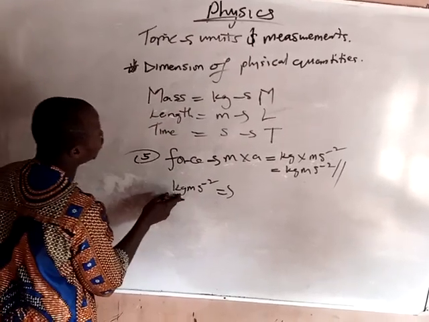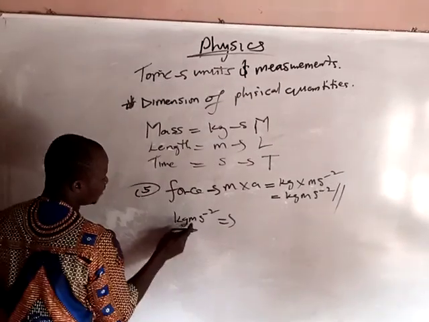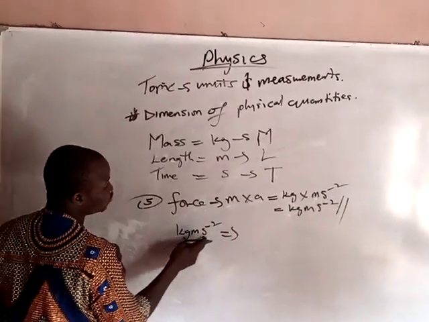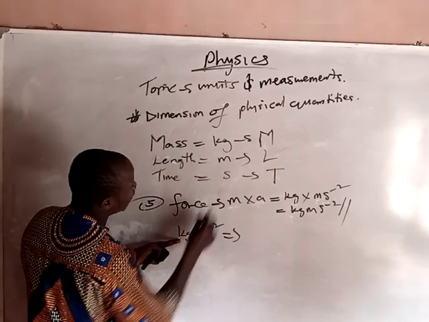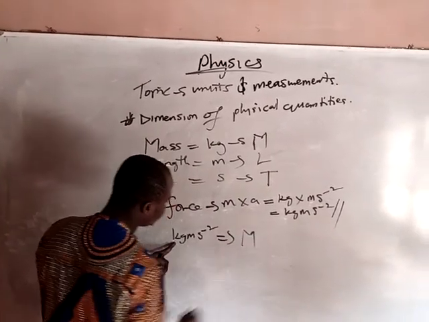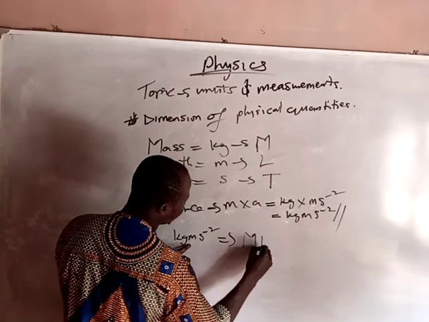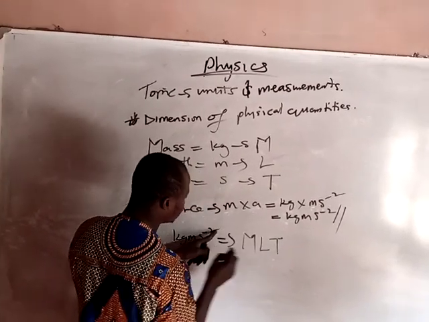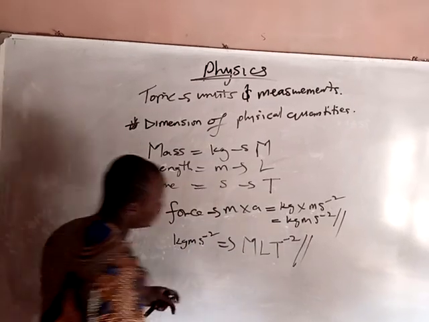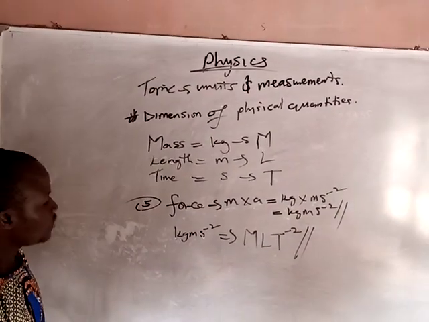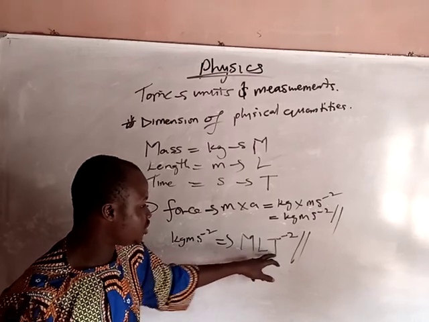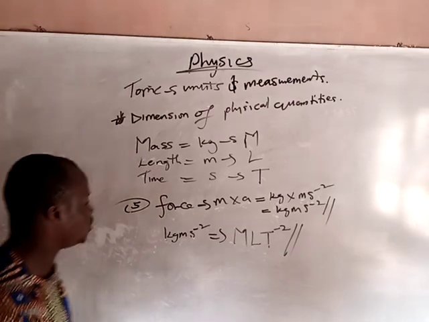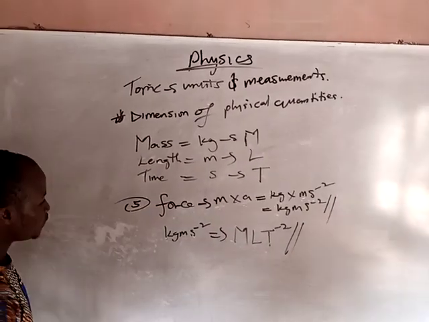Whenever you see kilogram, represent it with capital M. Whenever you see meter, represent it with capital L. S is capital T. So kilogram is M, meter is length L, and S is T, with the minus 2 put there again. So this is the dimension of force: MLT raised to the power minus 2, or ML per T square. So this is the dimension of force.